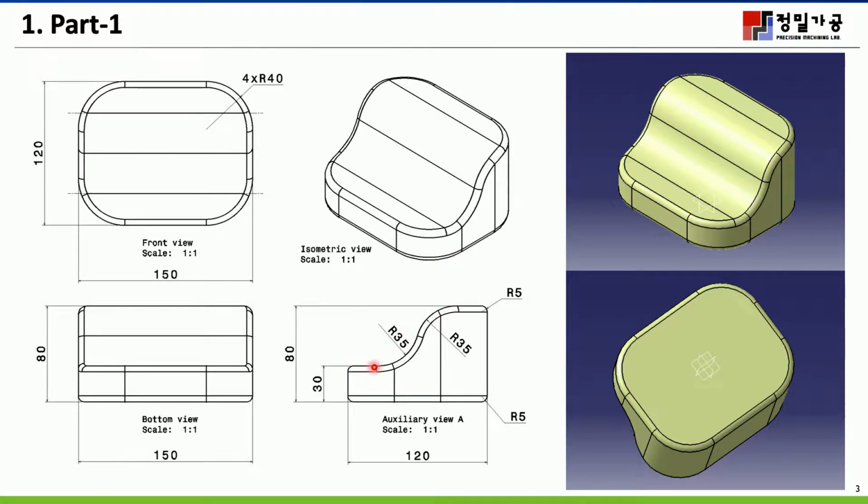It has a shape like this, maybe a height of 30 and radius 35 millimeters. It also has an edge fillet here, 5 millimeters, and a fillet on this edge of about 40 millimeter radius. I think this one is very easy for you.